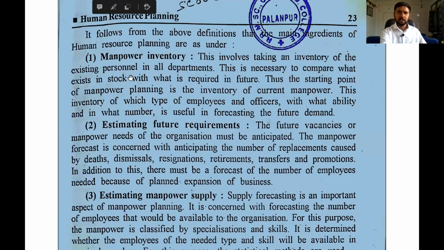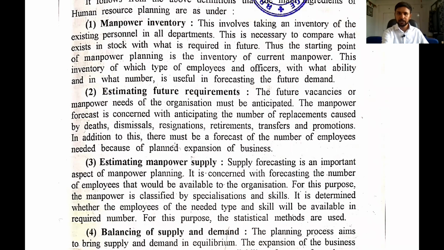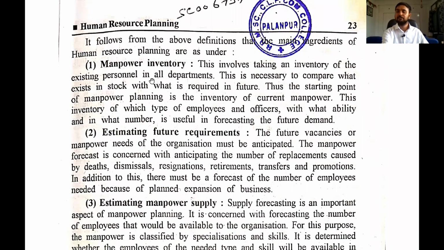Guys, it follows from the above definition that the main ingredients of human resource planning are as under. These are the things which are considered in human resource planning. If you are doing human resource planning, these are the things you need to look into. The first one is manpower inventory. What is inventory? Inventory means stock.